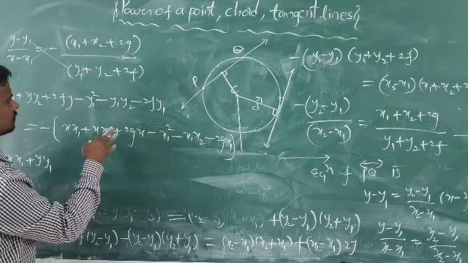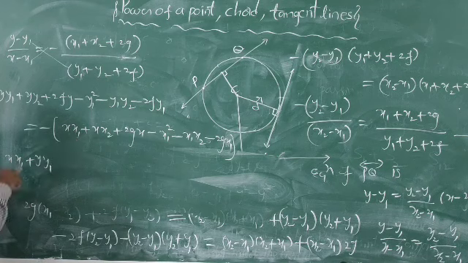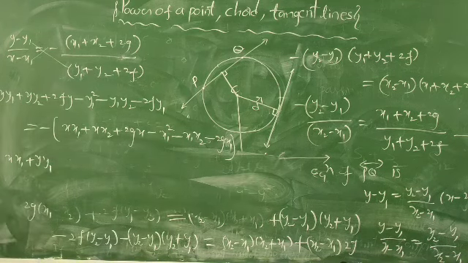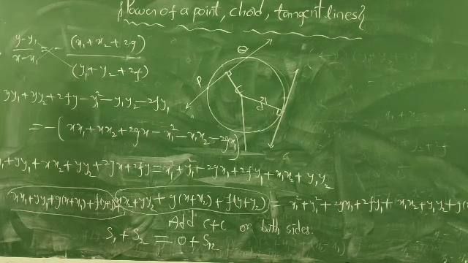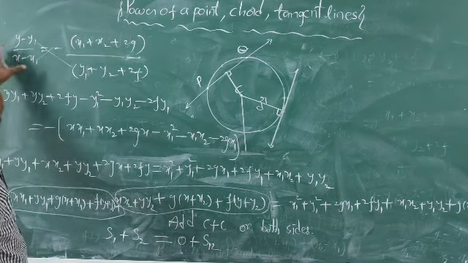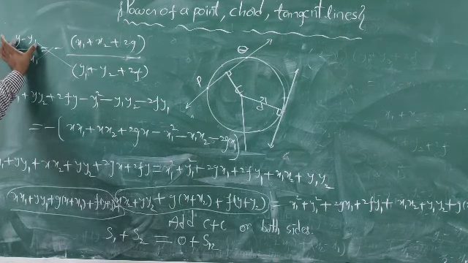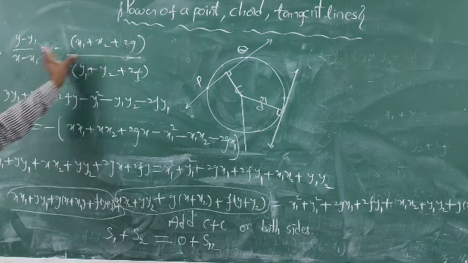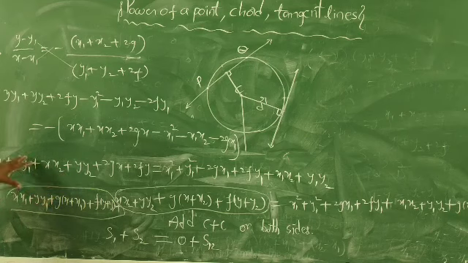Okay, I just don't want to waste time. Okay, come here. If you cross multiply both sides, then we get y minus y1 into this one and x minus x1 into this one. We get this equation, and finally we simplify it.